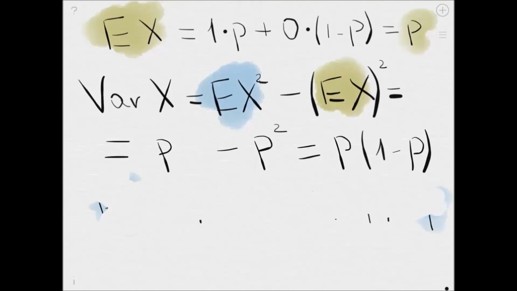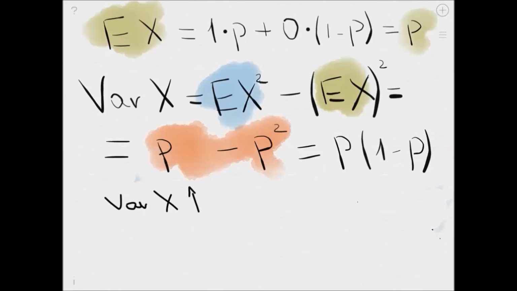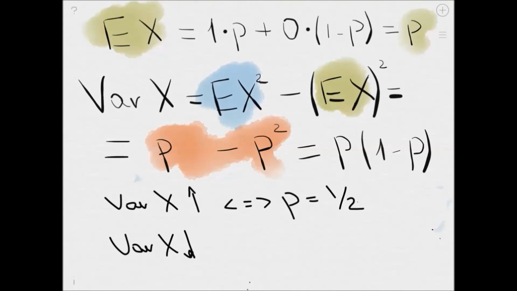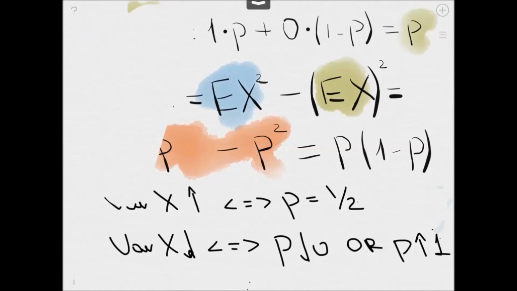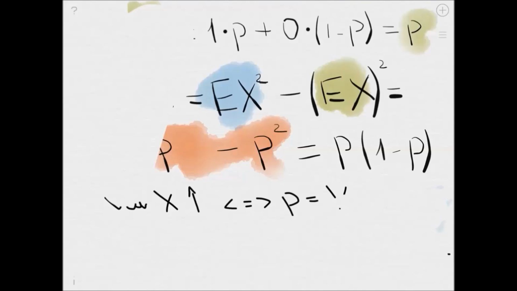Let's take some derivatives from it, find its root, remember some calculus, and as a result, from this expression we can come to the following result, that the variance is the highest when p is equal to 1 over 2, and the variance is smaller when p is 0 or 1. So, when the probability of success is equal to 50%, our random variable is very unpredictable.